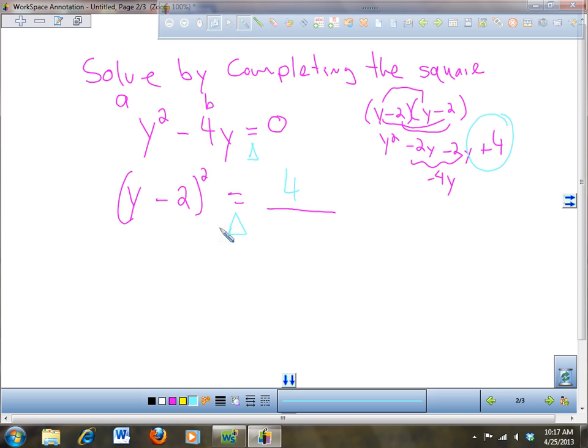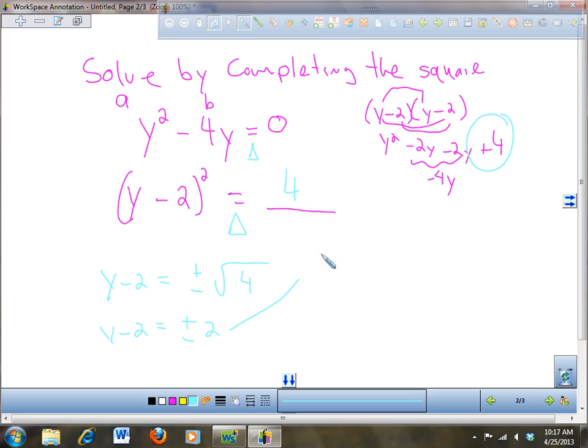Now I solve it. I take the square root of both sides. So I'm going to square root this, which gives you y minus 2 equals plus or minus the square root of 4. And what is the square root of 4? 2. Plus or minus 2.